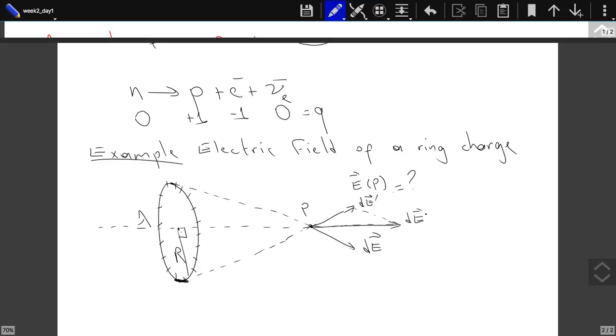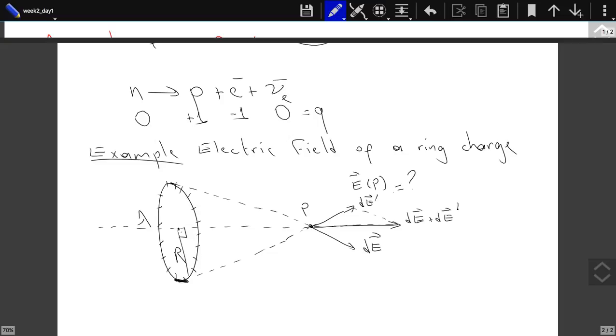We have this electric field which has a vertical component pointing upward, and this electric field which has a vertical component downward. Since they have equal magnitudes and these angles are identical, the vertical components just cancel, whereas the horizontal components just add up. Well, this basically tells me that I don't need to worry about the vertical component of the electric field. It's enough for me to calculate the horizontal component only. That will be the only component that will remain.